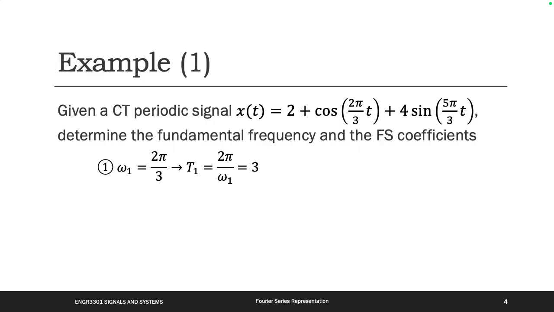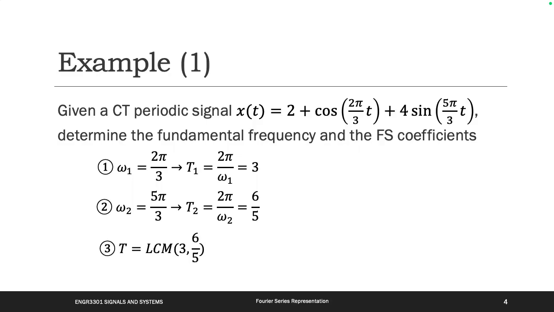Usually, if you don't see a rule, for the first term, omega 1 is equal to pi over 3, and you can get the period. From the second term, omega 2 equals 5 pi over 3, and the period is 2 pi times 3 divided by 5, which is 6 over 5.